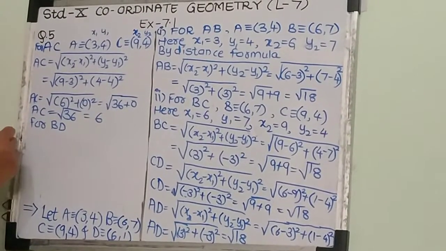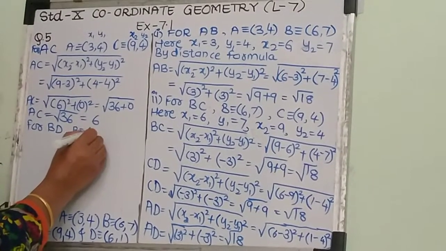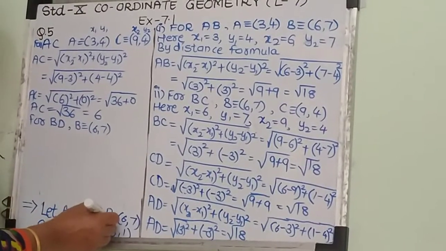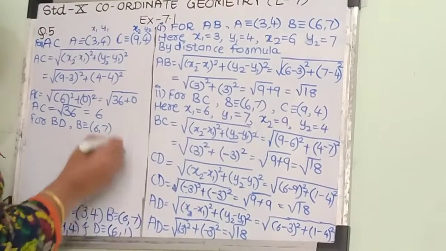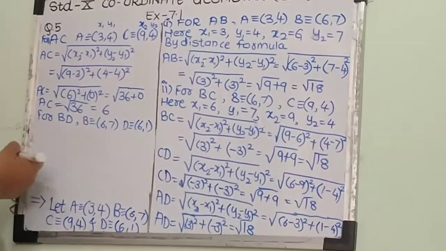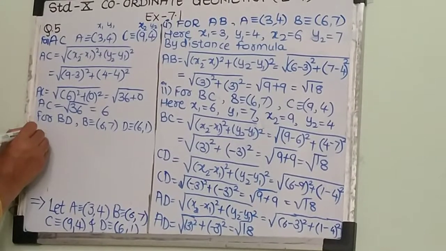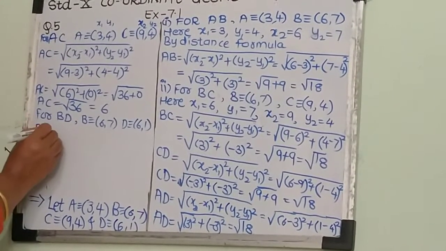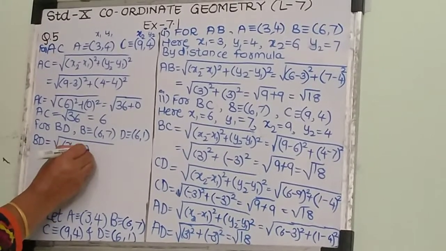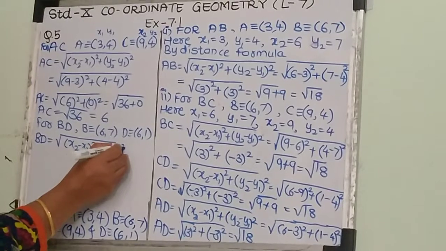Similarly we are going to check for BD. B's coordinates we know are 6, 7 and D's coordinates are 6, 1. So here by using the distance formula BD equals, we get (x2 minus x1) square plus (y2 minus y1) square.